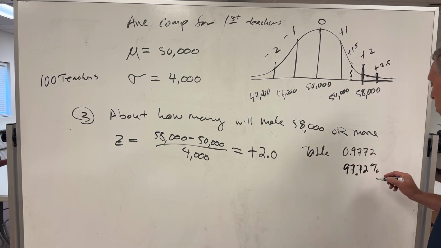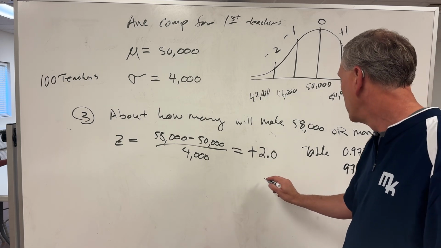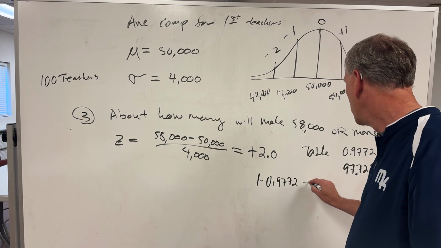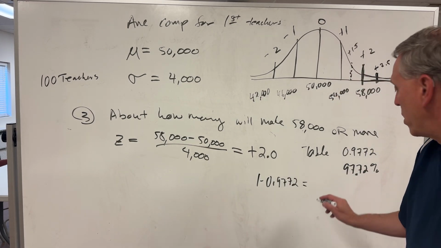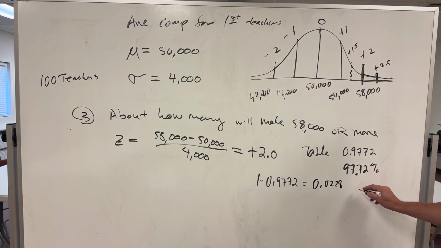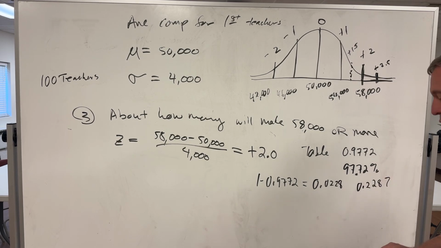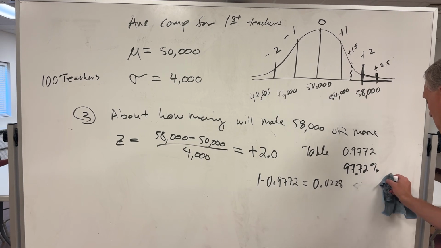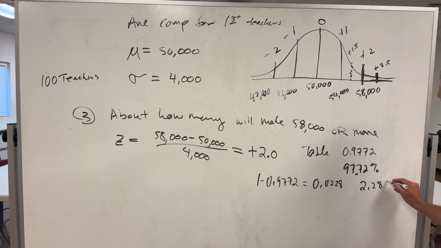That's the probability of making 58,000 or less. But we're asked for more, so we need to subtract that from 1. So 1 minus 0.9772 is equal to 0.0228, or 2.28%.